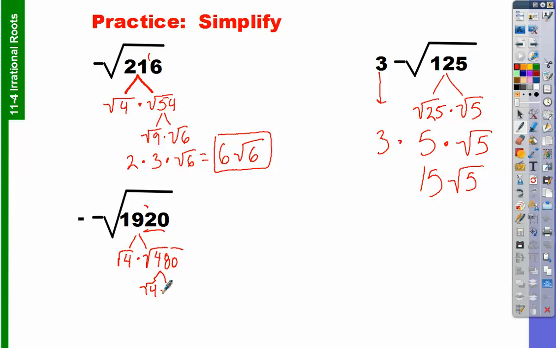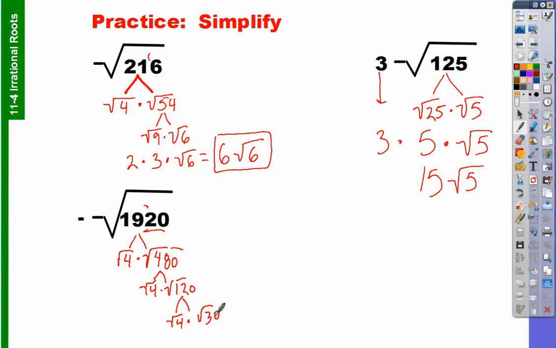So we have 4 times the square root of, 4 goes into 4 once, 4 goes into 8 twice. So what goes into 120 that is a perfect square factor? 4. Sure, we can break this down further. There's nothing wrong with doing this with the 4s. So times the square root of 30.